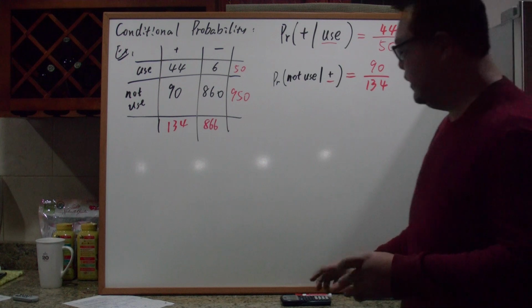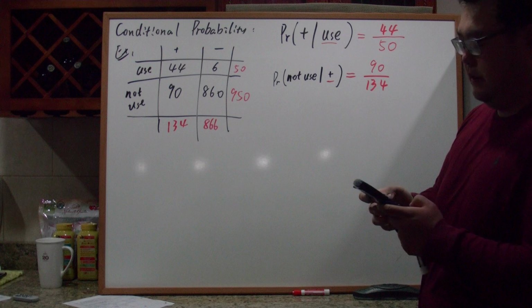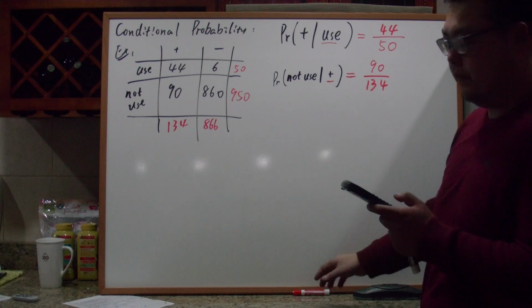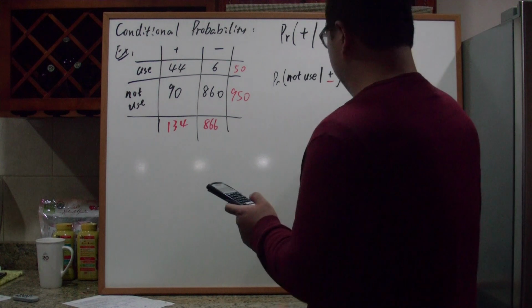If you want to convert into decimal, we can see 90 divided by 134 to give a more straightforward idea. That's 0.6716.